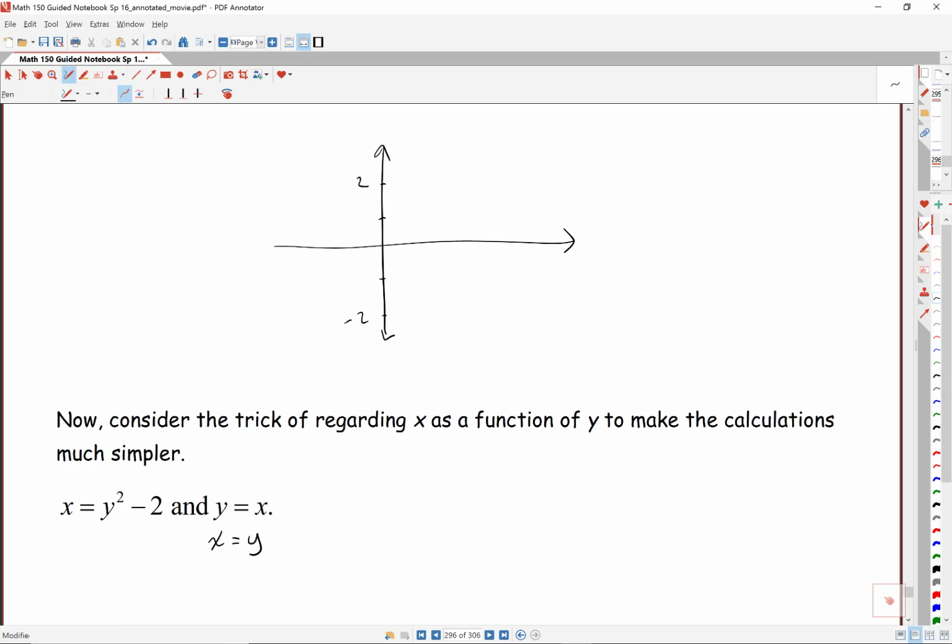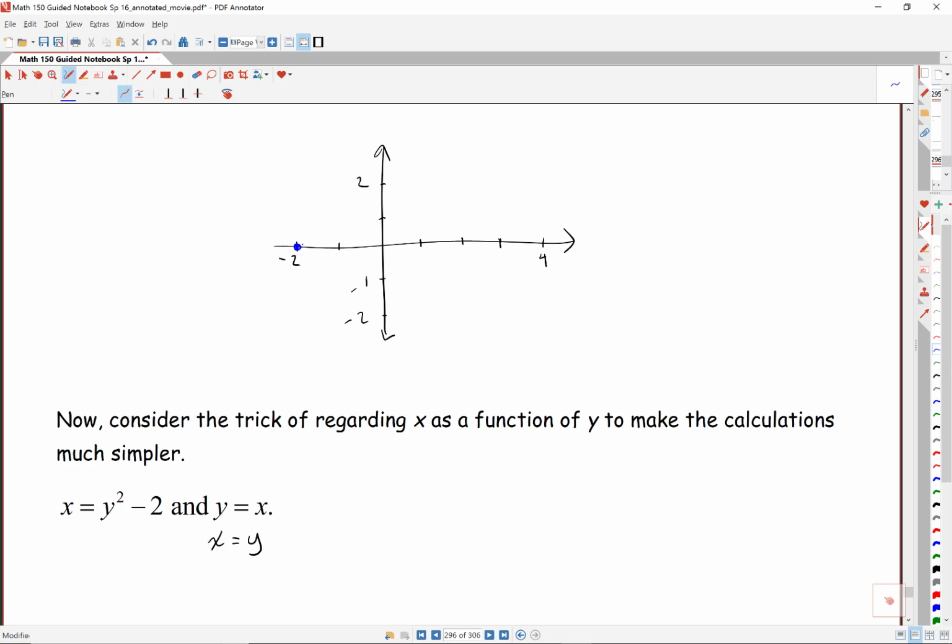So 1, 2, 1, 2, -1, -2, and then 1, 2, 3, 4, -1, -2.